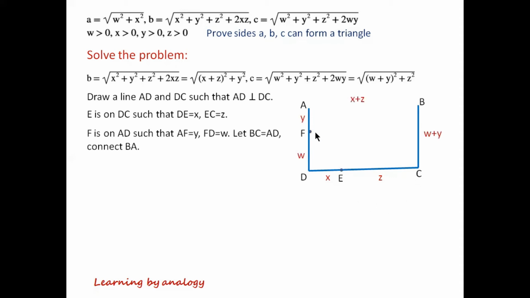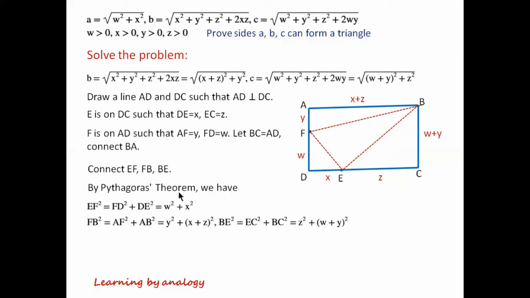F is on AD such that AF equals y, FD equals w. Let BC equal AD. Connect BA. Connect EF, FB, BE.